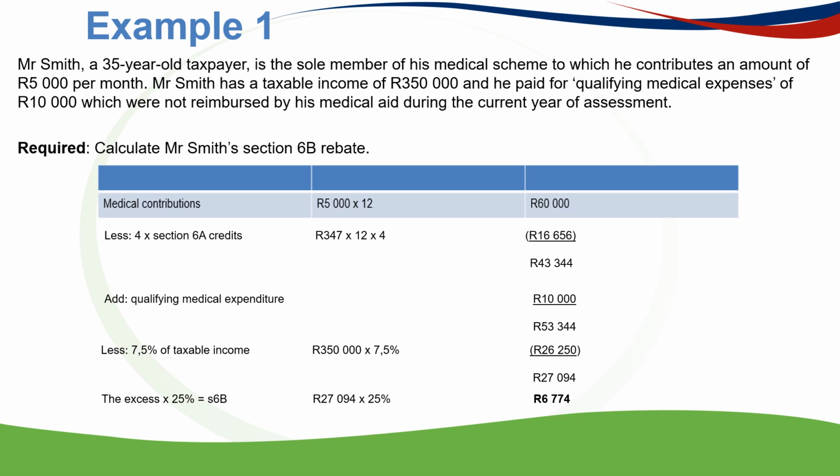And from there, because this taxpayer is younger than 65 years old and he does not have a disability, this calculation applies to him. So it's then the section 6A tax credit multiplied by 4 that reduces the medical aid contributions.